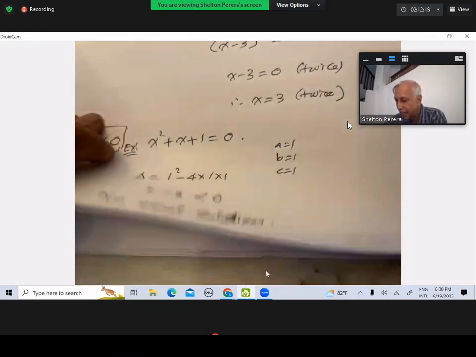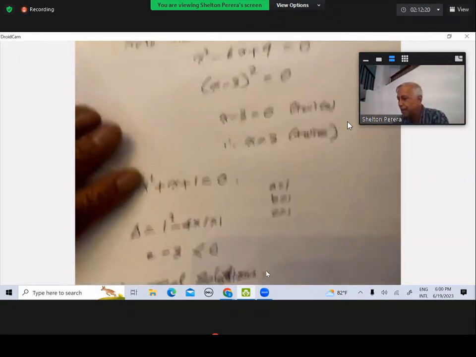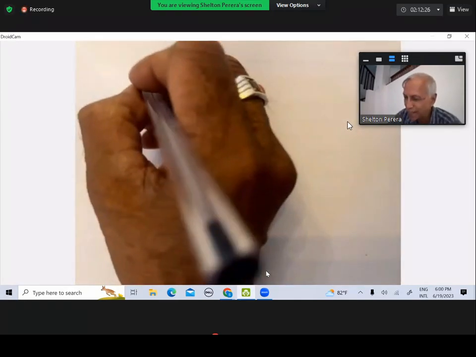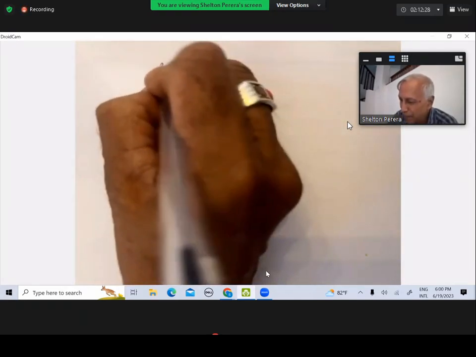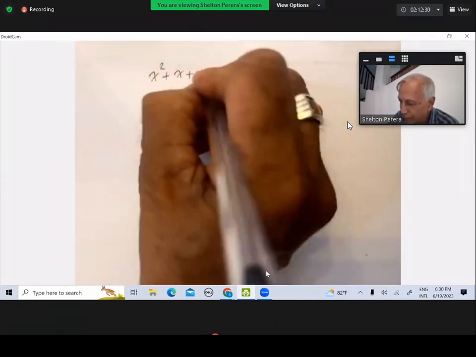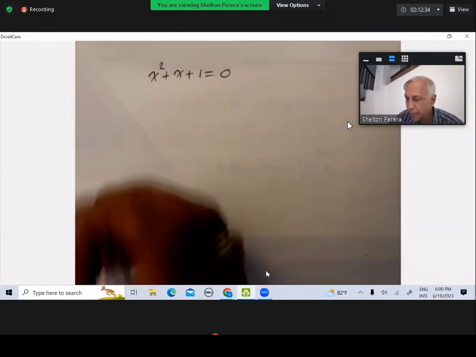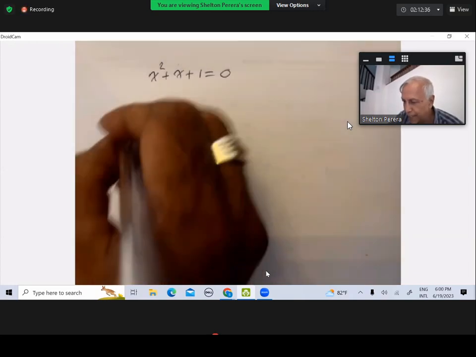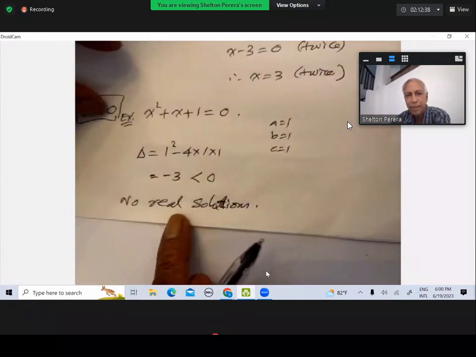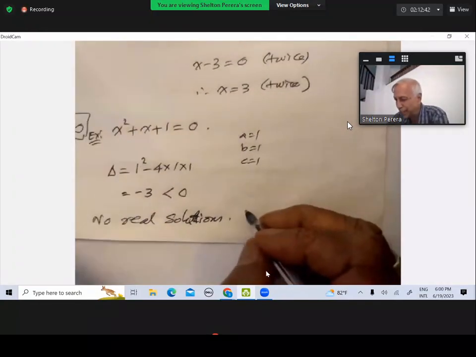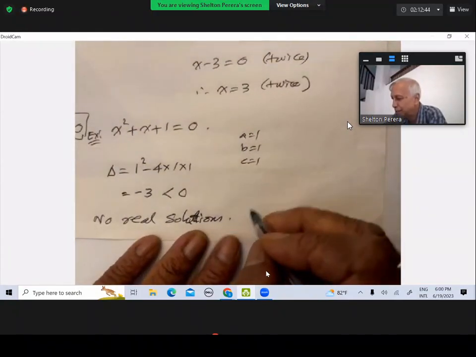But let us apply the quadratic formula. It's a bad way to introduce you to complex numbers, but students like it. X squared plus x plus 1 equal to 0. Delta is minus 3. No real solutions.